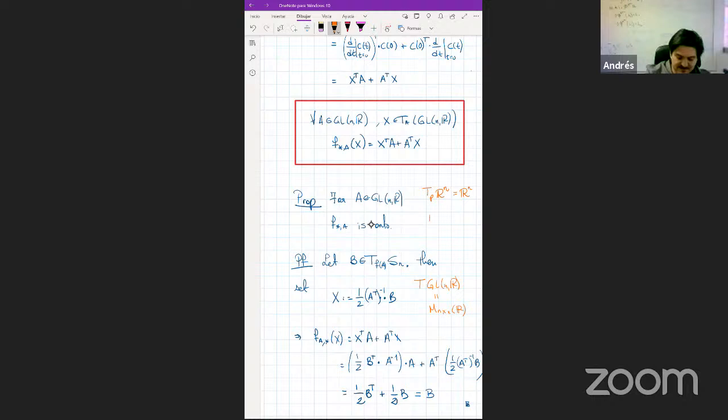So in particular for the symmetric matrices that previously we saw is a Euclidean space, so we usually write it like this. So yes, V is a tangent vector to the symmetric space of matrices. V is symmetric. And so we are done.